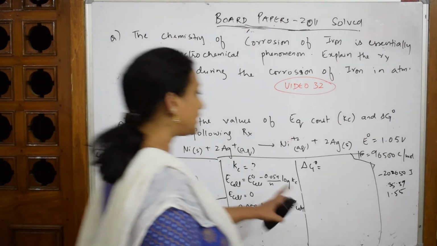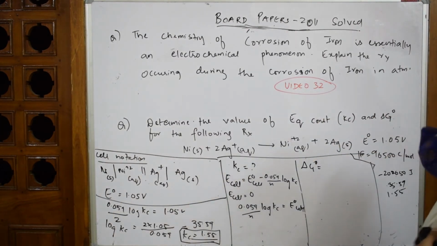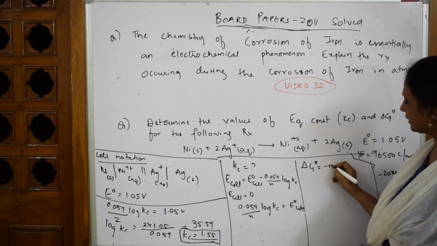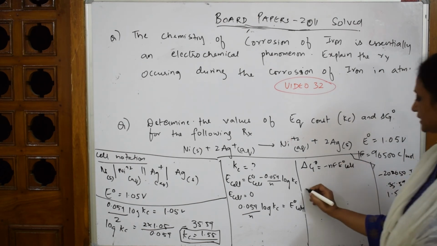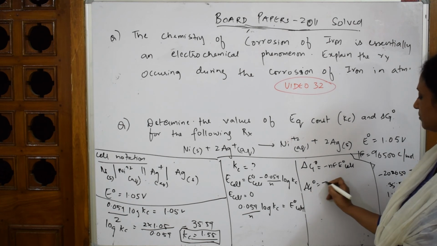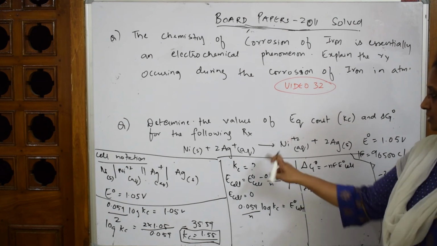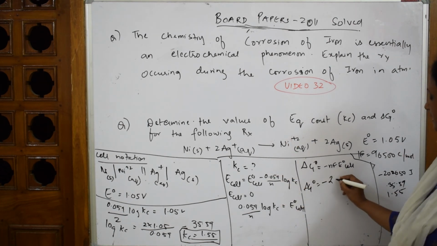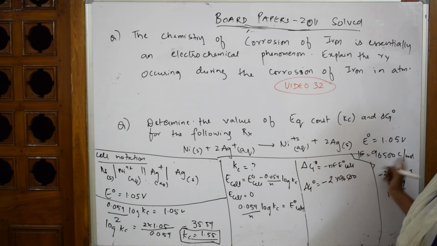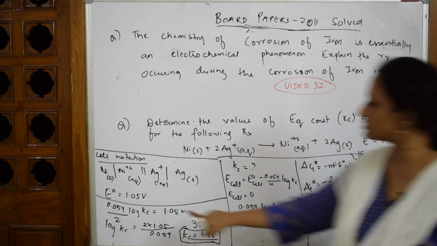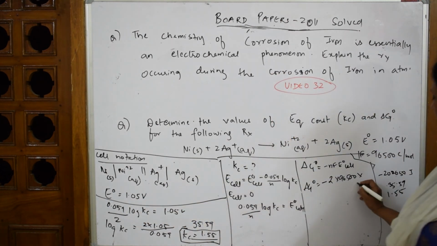Now I have to write for Gibbs free energy. This one is equal to minus nFE naught cell. So delta G naught is equal to minus n. How many electrons? 2 electrons. 2 into Faraday, they have given here 96,500 coulombs per mole, into how much is E naught cell? It is 1.05.